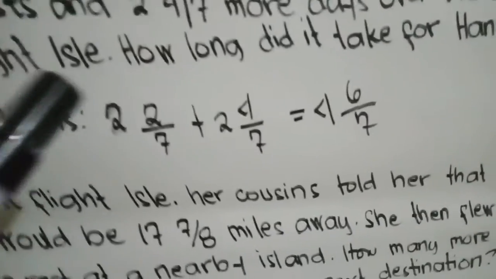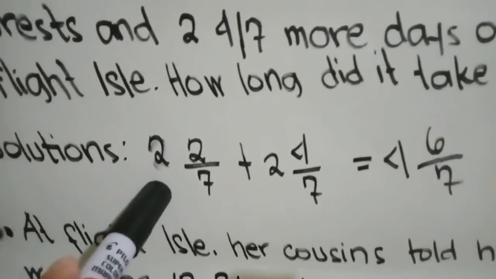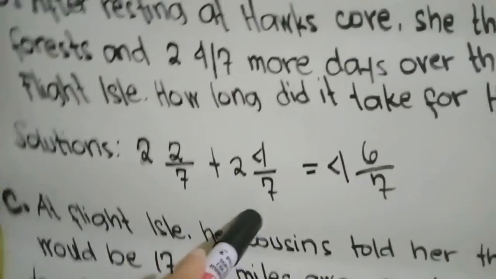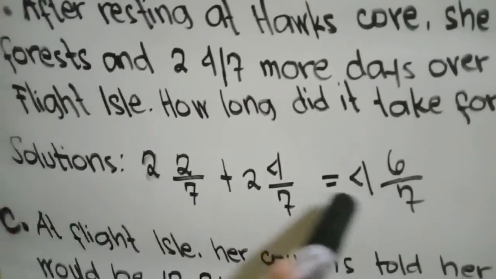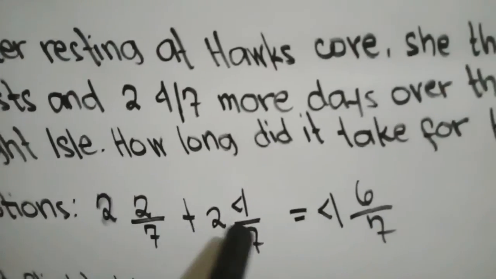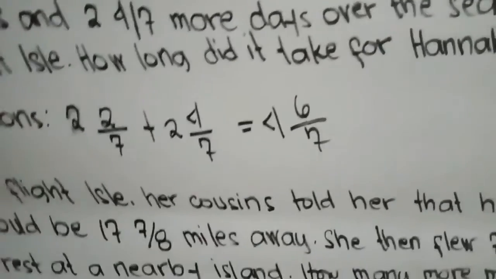Pero since magkatulad sila, so i-add agad sila. So ito, ang dalawang two whole numbers is i-add, like 2 plus 2 equals 4. Then i-add ang dalawang numerator, 2 plus 4 equals 6. Then copy the denominator.